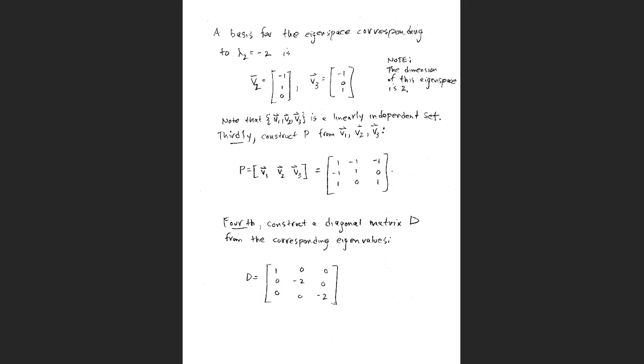All right, so here then is our basis for our eigenspace corresponding to lambda 2 equals -2.